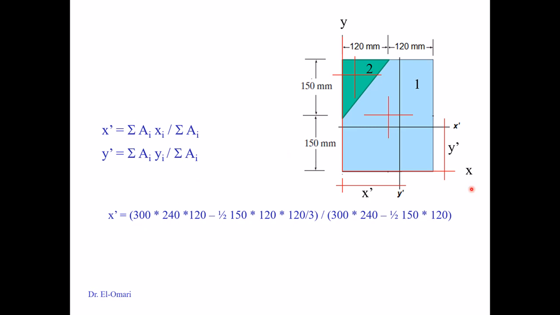So the area is 300 times 240, and then multiply it by this distance of its y-axis from the reference axis, which is 120.